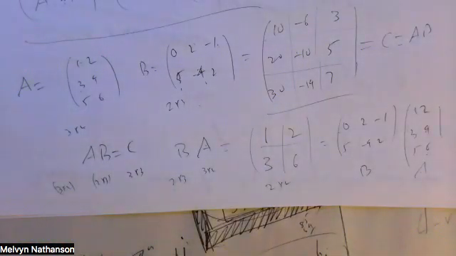And if you look at this, you see that even though AB and BA are defined, they're completely different matrices. They don't even have the same dimensions. They don't have the same number of rows and columns.